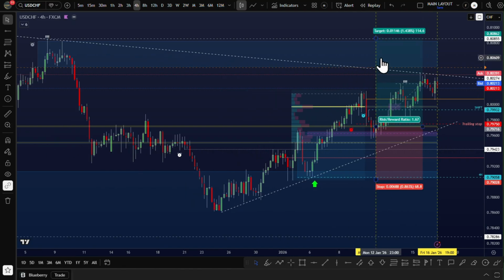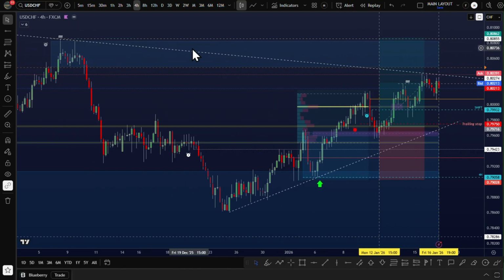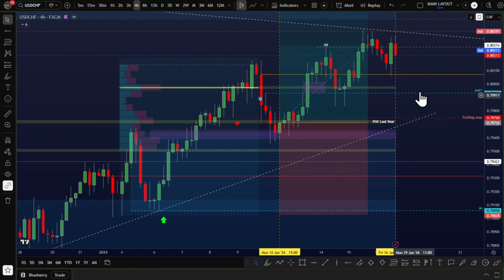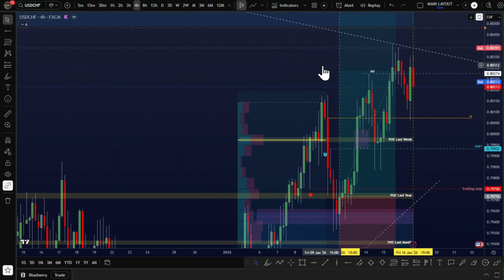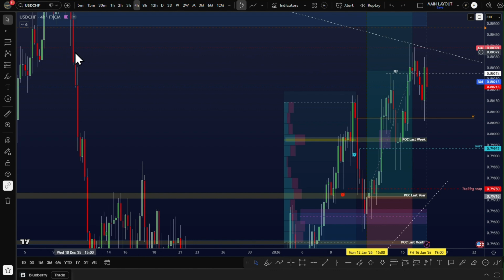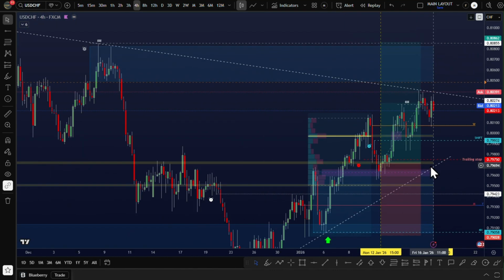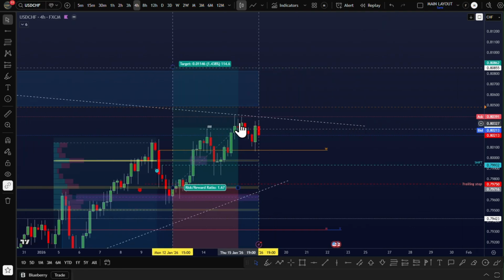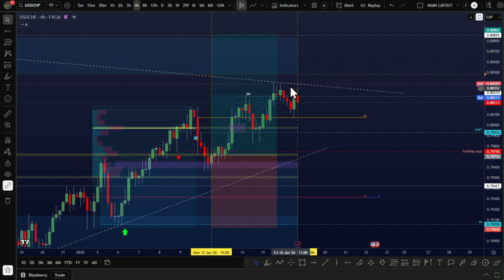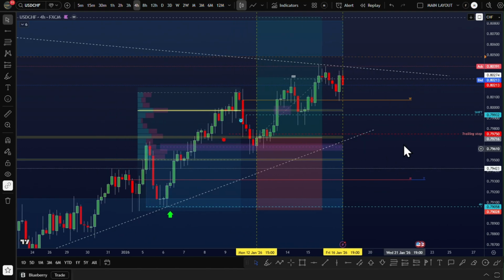My target was this high, but my first target was around this trend line. You see this trend line passing through this high. When price reached there, I decided to close my trade. So that's it for USD CHF.